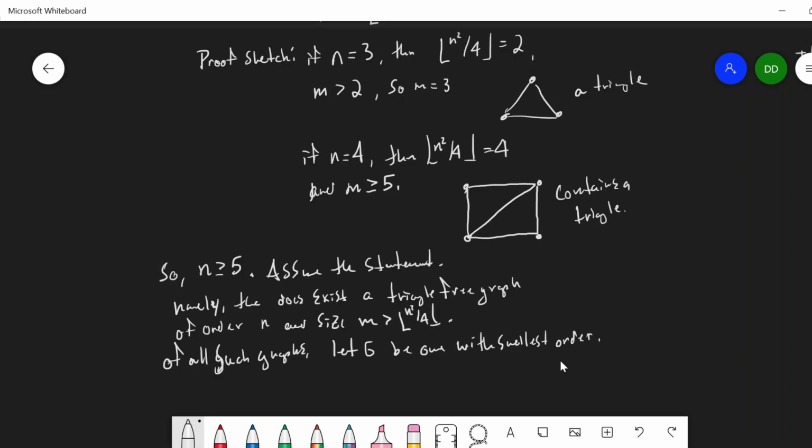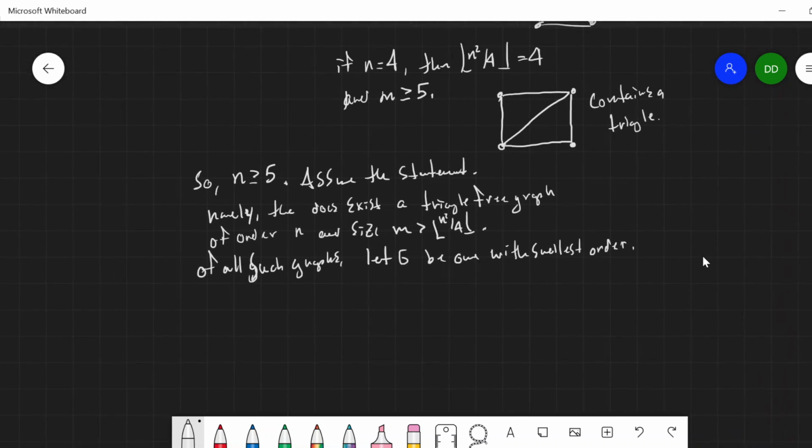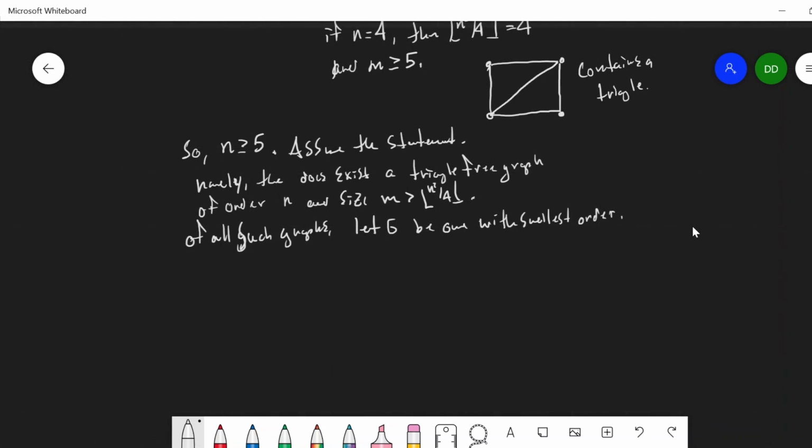So there can't be a smallest counterexample, and so there can't be any counterexamples, is the idea behind this proof technique. So it's sort of a proof by contradiction, sort of a proof by induction, but let's keep going with this.